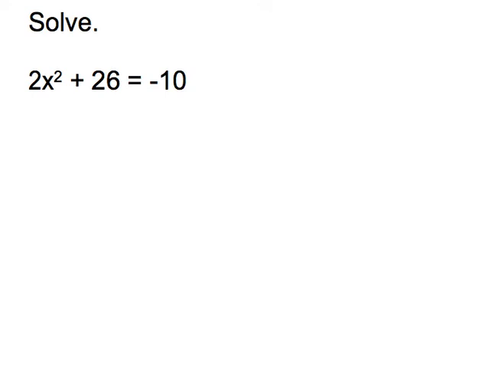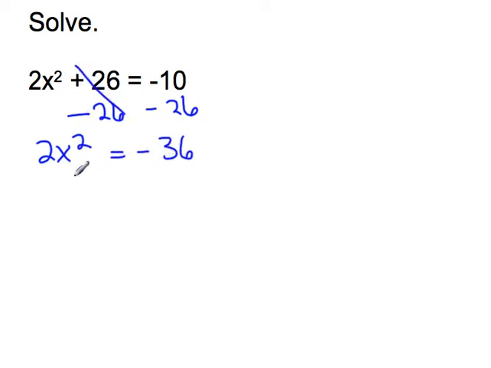Let's solve. First, I want to solve for x, so I'm going to subtract 26 just like I typically would in any other equation. So I've got 2x squared equals -36. Now we're going to divide both sides by 2. x squared equals -18.